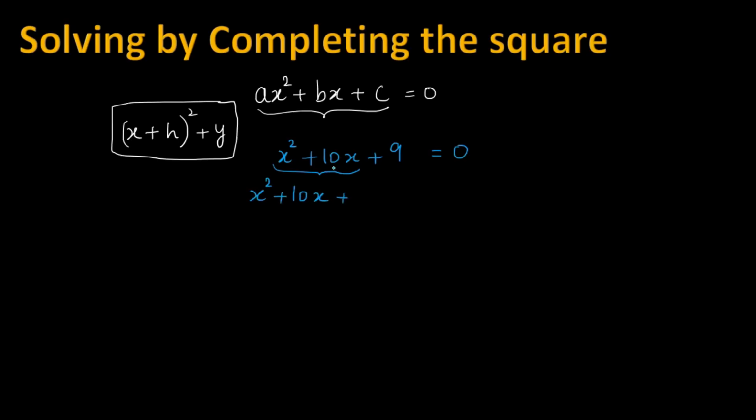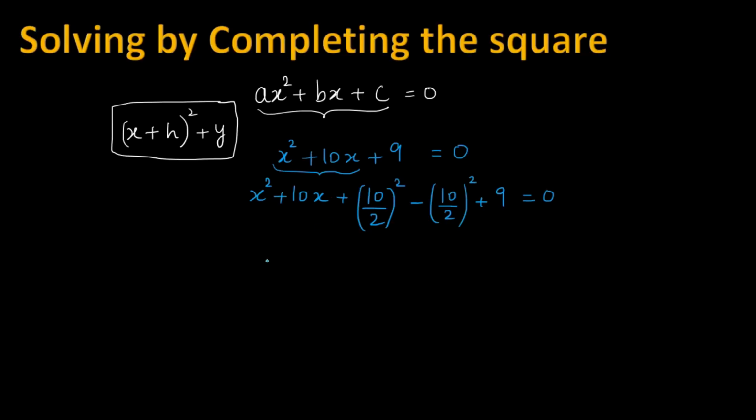Now, you have to add and subtract a number which is the square of the coefficient of x divided by 2. So the square of 10 by 2. You have to add it and you have to subtract it. So there'll be no difference in the equation because you are adding and subtracting the same number. Plus 9 is equal to 0.